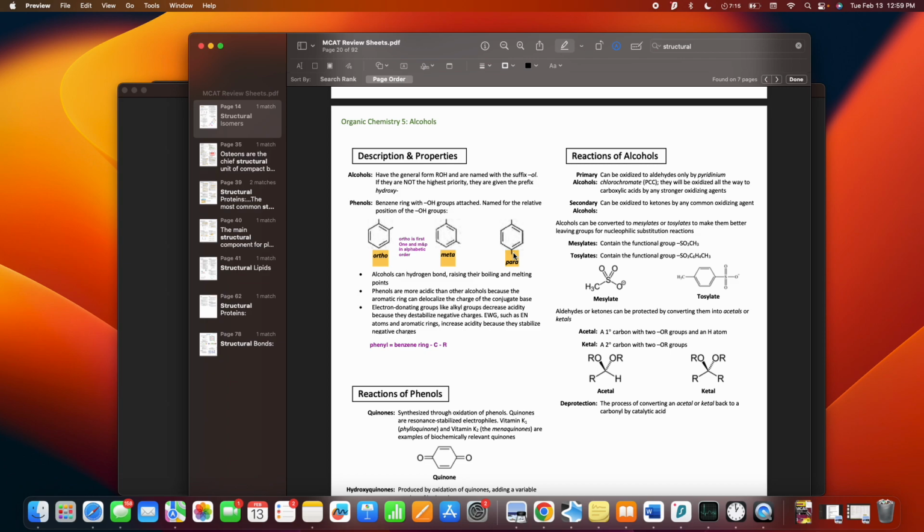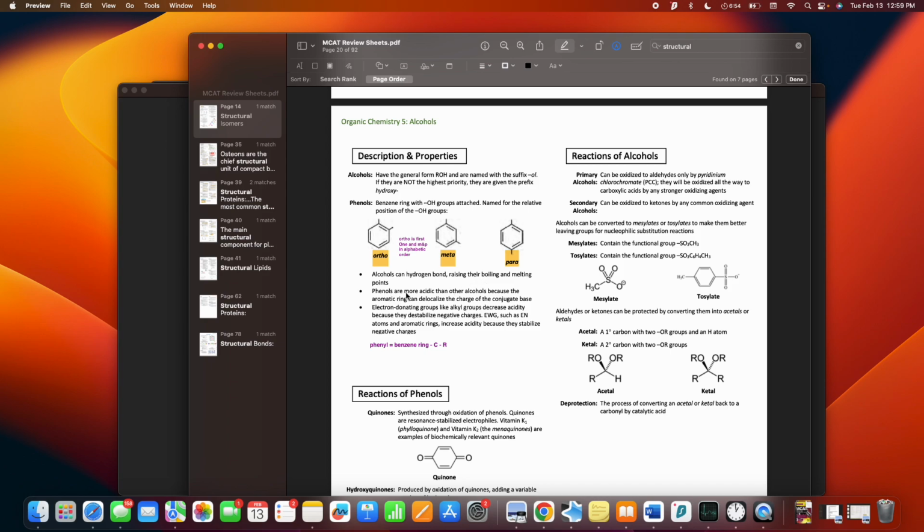Alcohols can hydrogen bond, raising their boiling and melting points. We know that hydrogen bonds are stronger, so it increases boiling and melting points. Phenols are more acidic than other alcohols because the aromatic ring can delocalize the charge of the conjugate base.